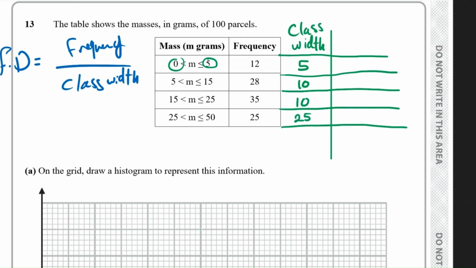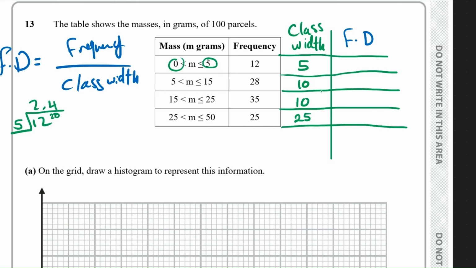And in order to calculate the frequency density here, frequency 12 divided by 5. Let's have a go: 12 divided by 5 is 2, and 2 times 5 is 10, 12 take away 10 is 2, so remainder 2. 2 divided by 5 doesn't work, so we have a decimal here and add 0, so 20 divided by 5 is 4.